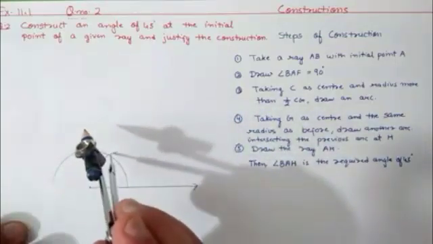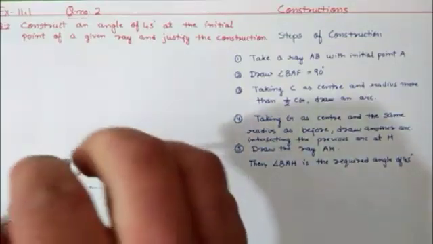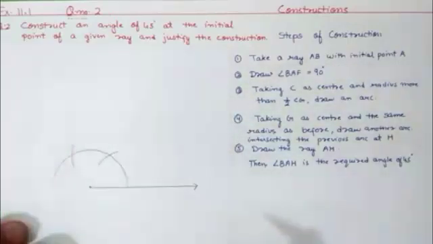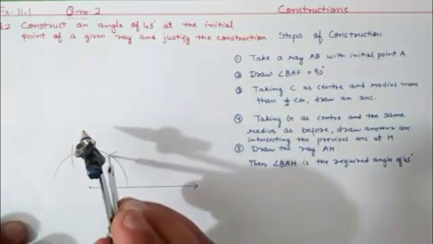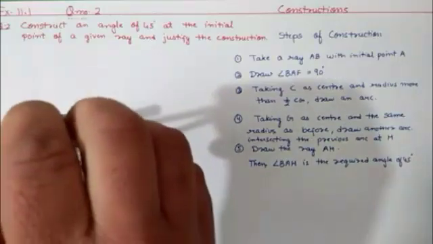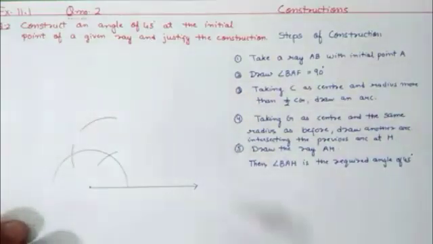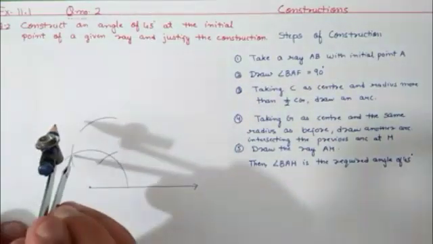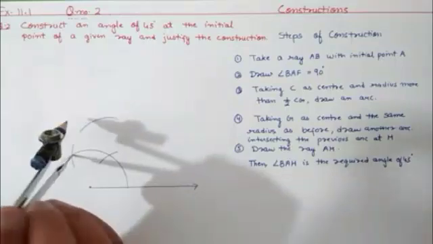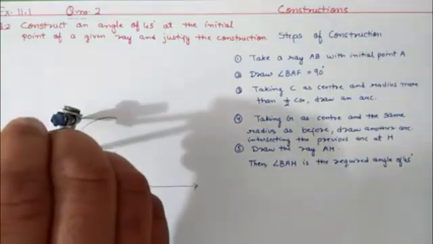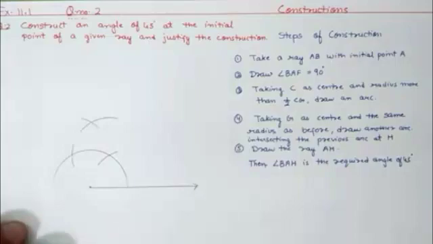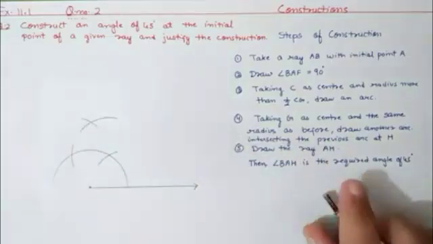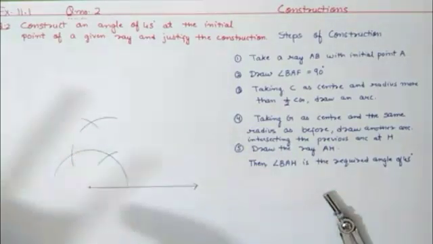Without changing the arc, again from the same point make another arc, that will be your 120 degree. Again from the 60 degree arc, mark one more arc. Again from the 120 degree arc, mark another point over there, and you will get an arc over there.